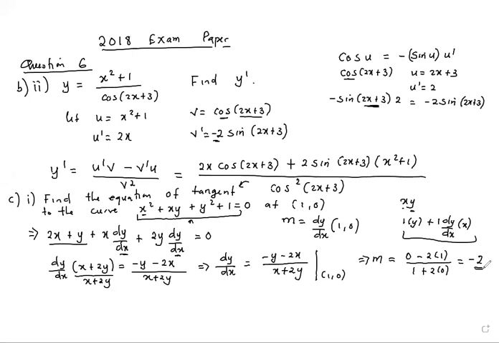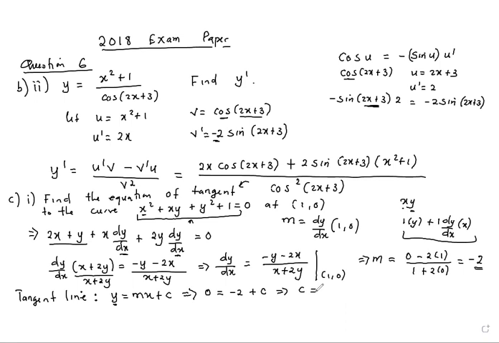So the tangent line itself is going to be y is equal to mx plus c, implying that when y is 0 and m is negative 2, x will be 1, and c.